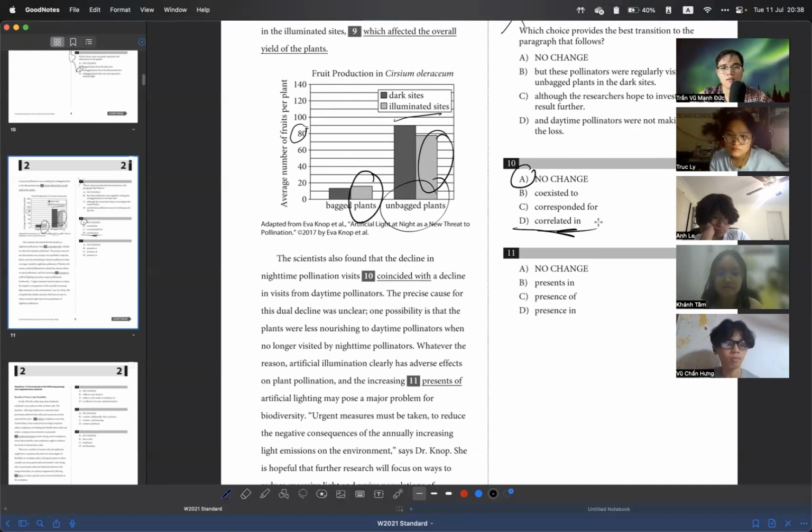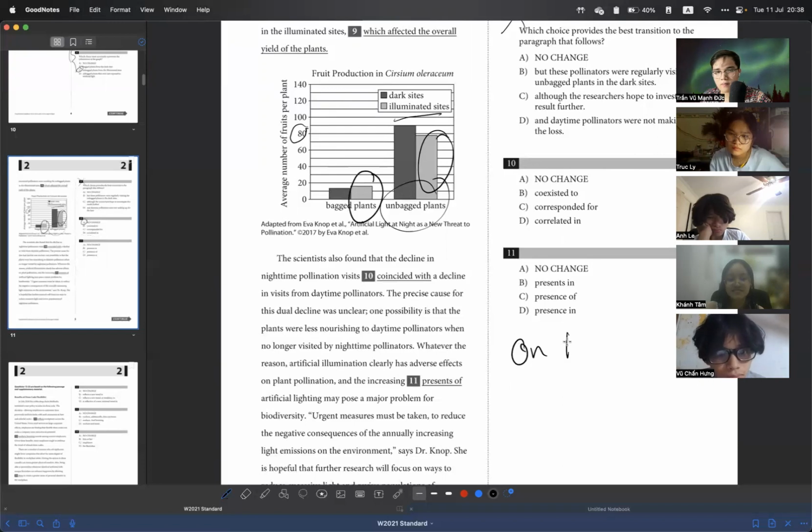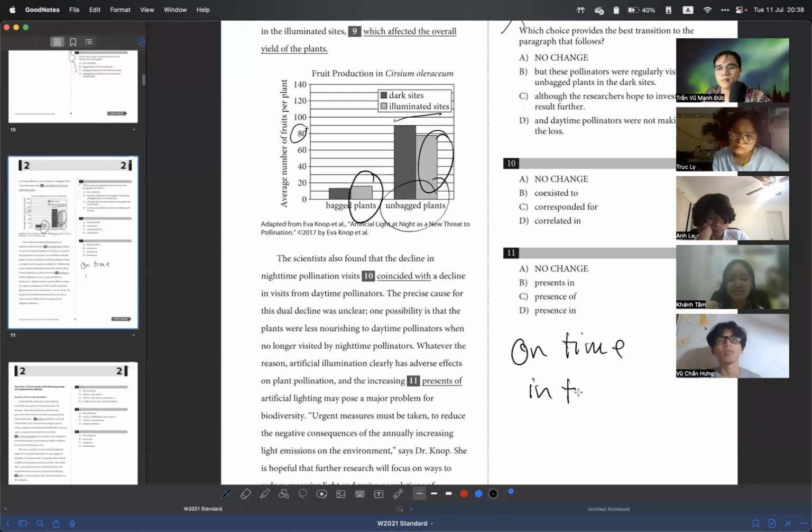That's a fun way to see it. Correlated in, actually, it's still correct. For example, on time versus in time. These are still correct, but they are fundamentally different.